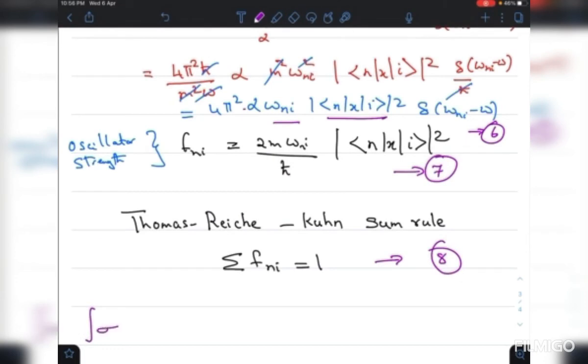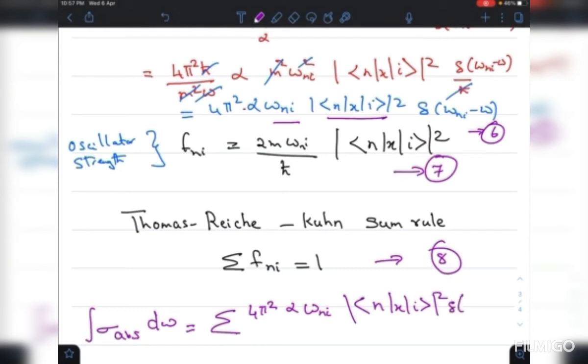Integral sigma abs with respect to d omega is equal to, I can replace the integral on the right side by a summation also, 4 pi square alpha omega ni modulus n xi the whole square delta, of course, delta omega ni minus omega. Again my alpha is nothing but e square by h cross c, no?